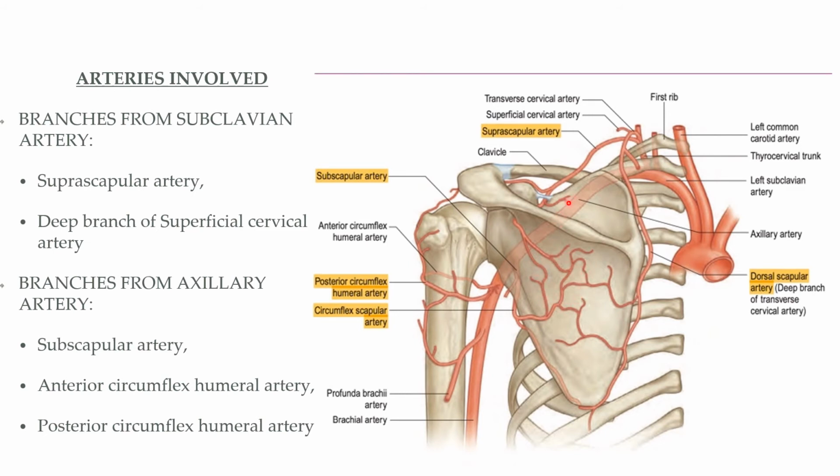In the supraspinous and the infraspinous fossa, the branches of the suprascapular artery anastomose with the branches of the deep branch of transverse cervical artery and with the branches of circumflex scapular artery. So this was all about the branches of first part of subclavian artery.